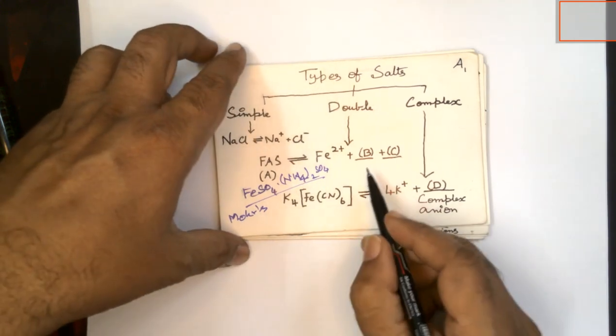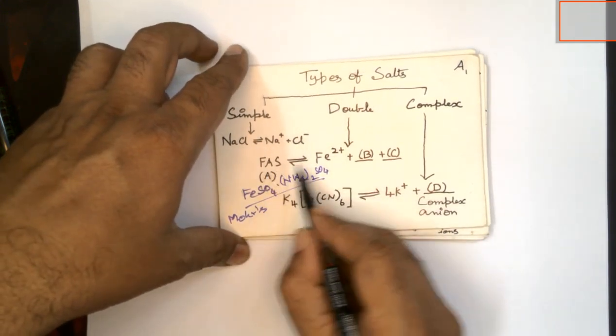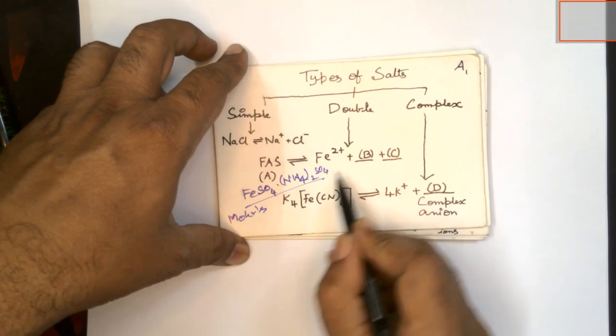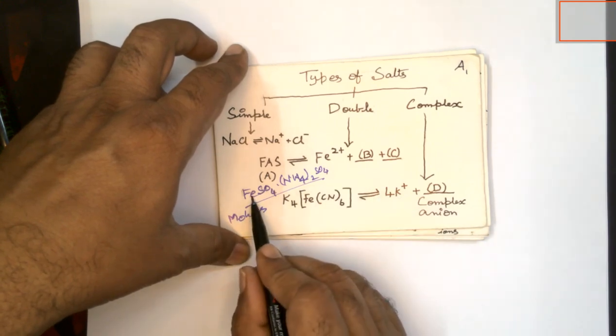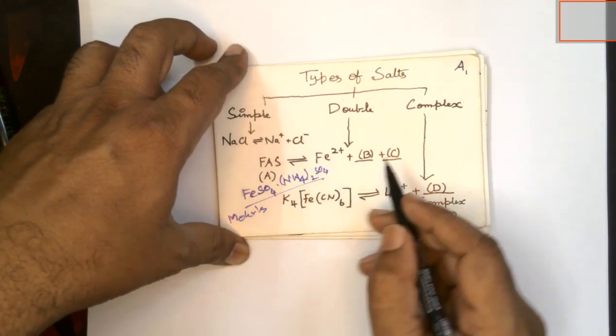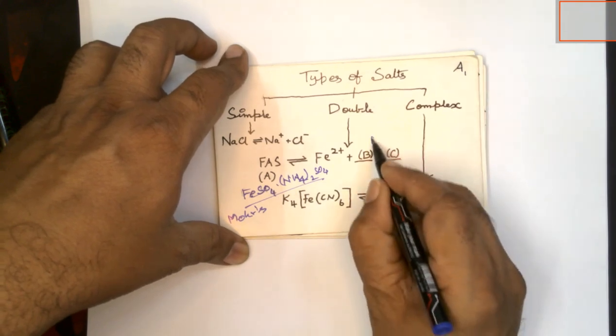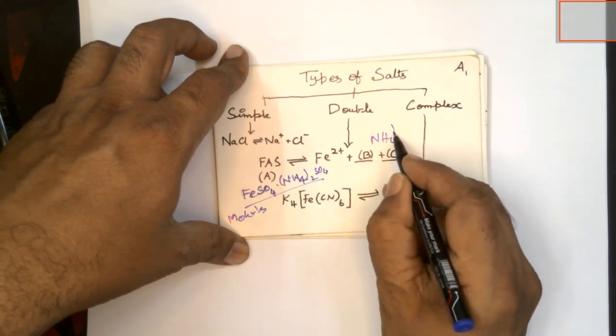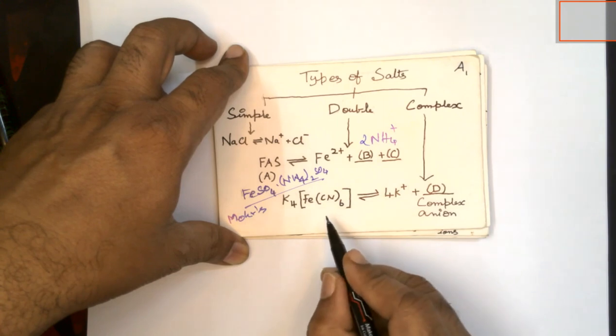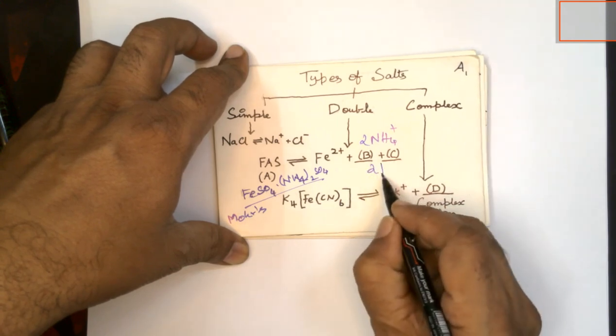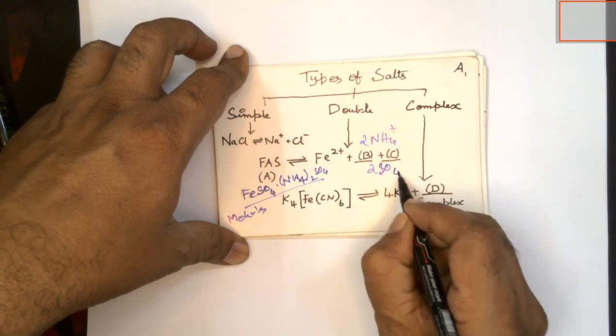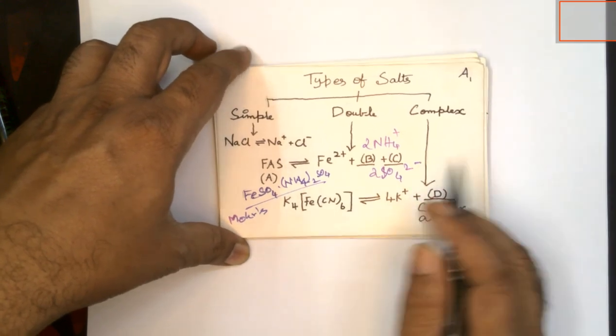Next, now when we ionize this compound, what happens here? Fe2 plus, and then 2 NH4 plus, and then 2 sulfate, SO4 2 minus is resulted. Let me write neatly here.